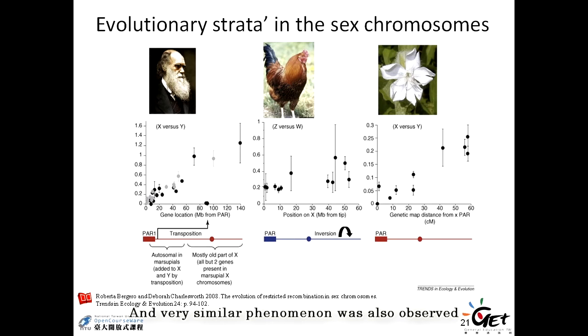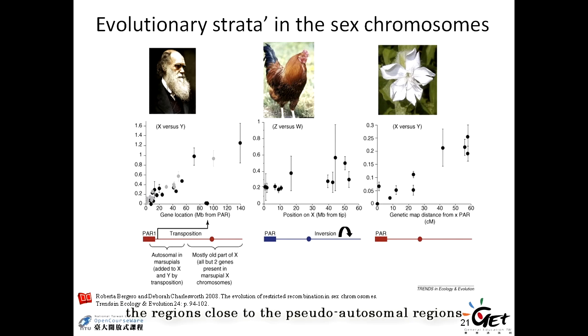Very similar phenomena were also observed in chicken and in dioecious plants. In chicken there is a ZW system, very similar to human, but the heterogametic sex is the female. That's what we talked about in the beginning of this lecture. If we look at the divergence between the ZW chromosomes, the pattern is more or less similar to humans.